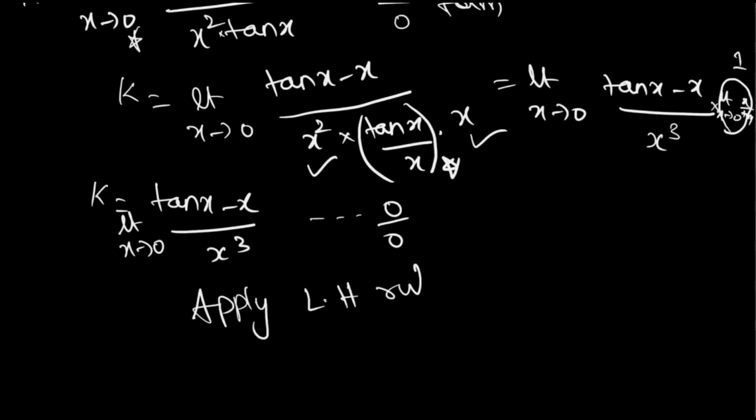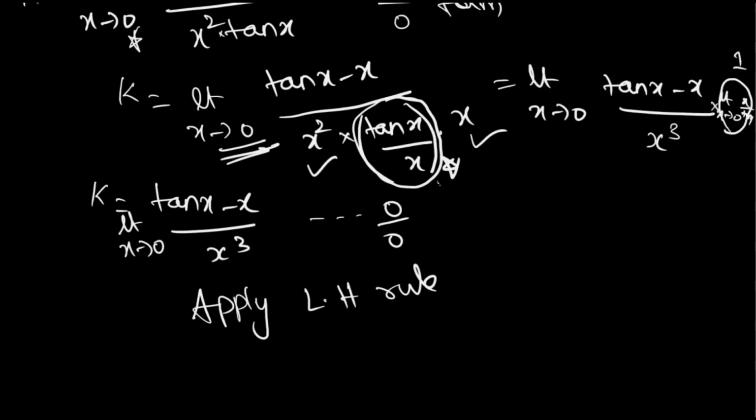So, in this problem, we are eliminating this. If tan x or sin x is in product, and you have limit x tends to 0, we are simplifying the problem by applying the limit for this particular term. And we can do it only if it is in multiplication.